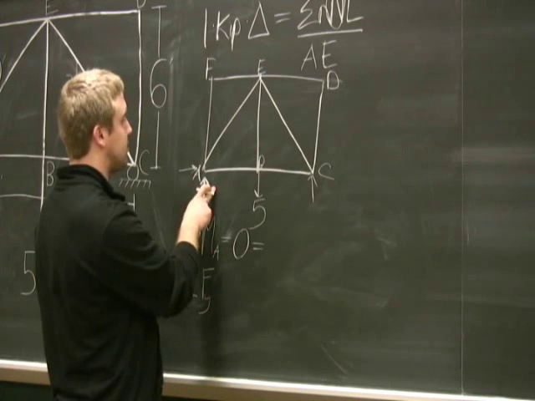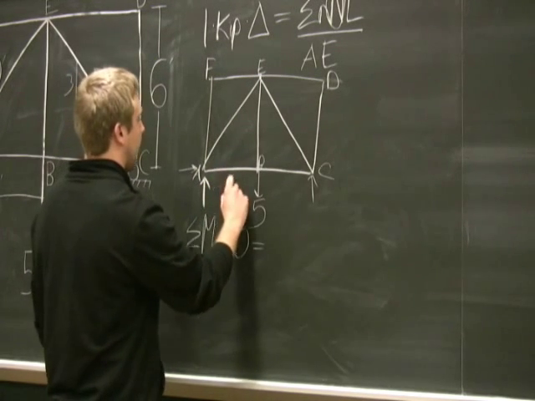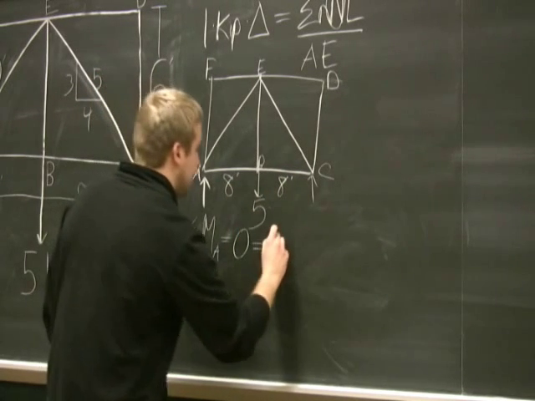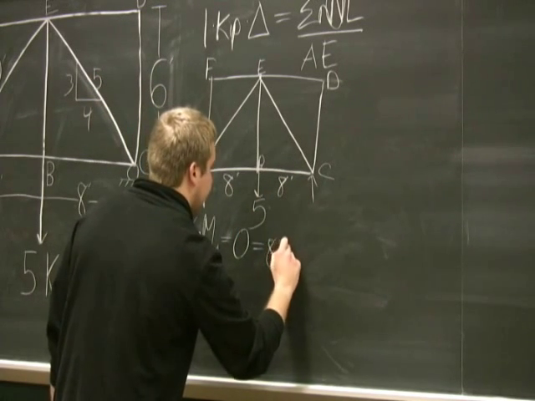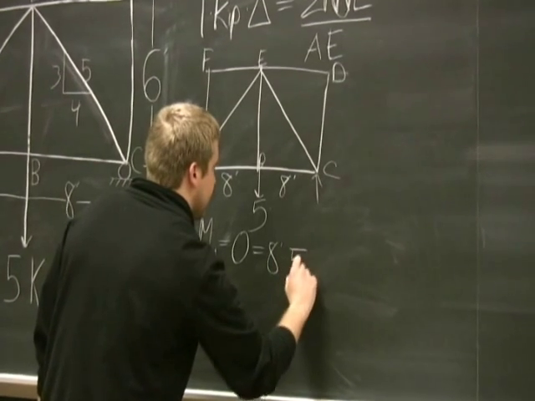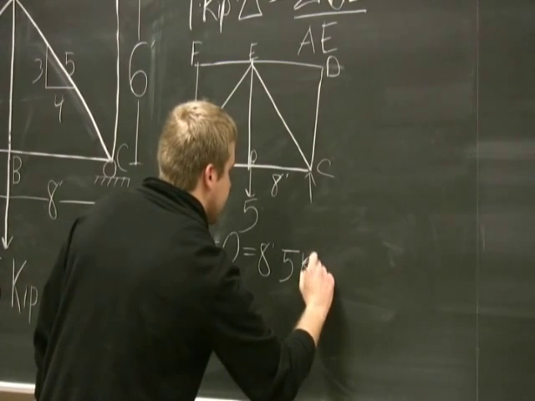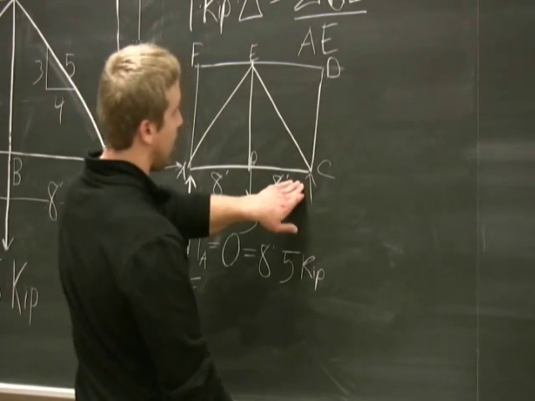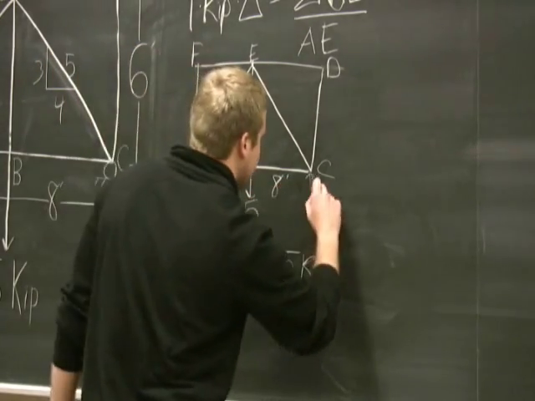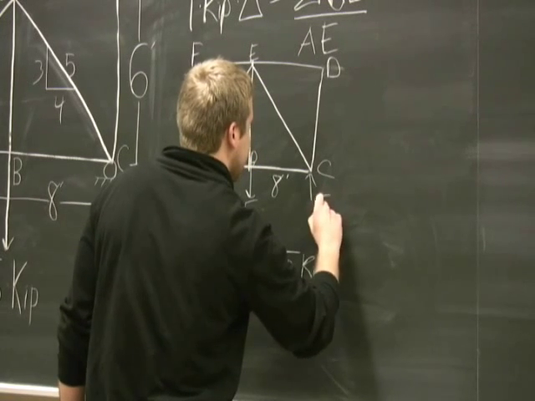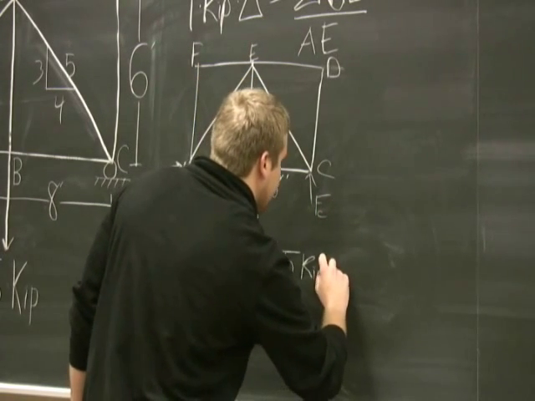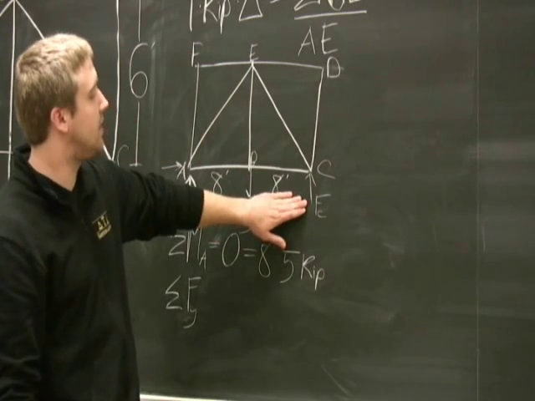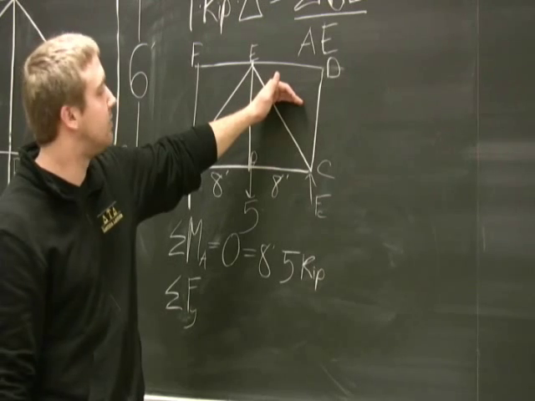And to find the sum of the moments about A, we take our 8 feet times our 5 kips plus our force at C. But we can assume that our force at C is in the upward direction, which is a negative direction.